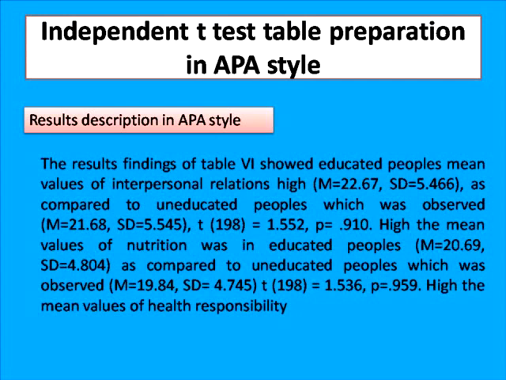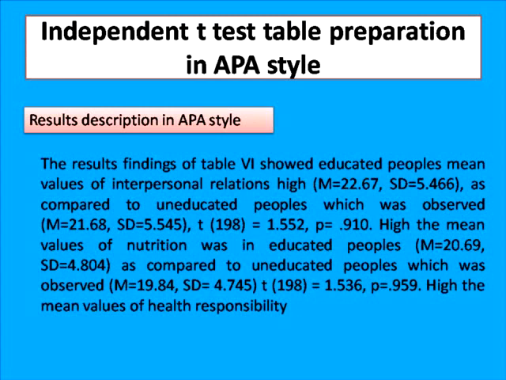The one with the greater mean is most highly influenced by the study variable in the sample group, and the one with the lower mean is least influenced, showing a lower level of influence of the study variable in the sample group with the lower mean value. And if P is less than 0.05, there is a significant difference for this hypothesis.